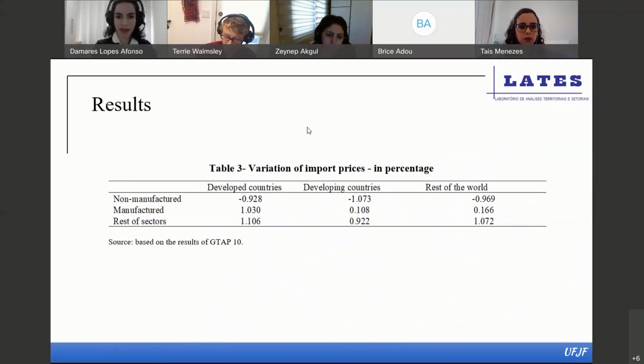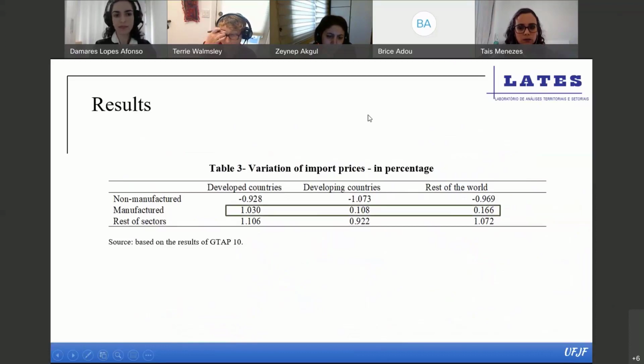The driving effect of the shock was the rise in import prices, which was greater in developed countries, including in developing countries.